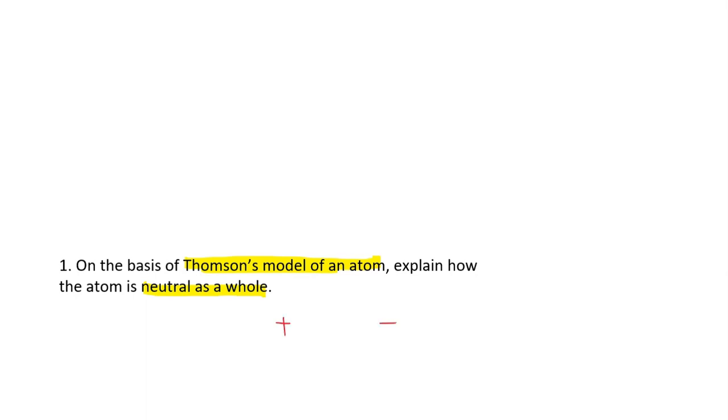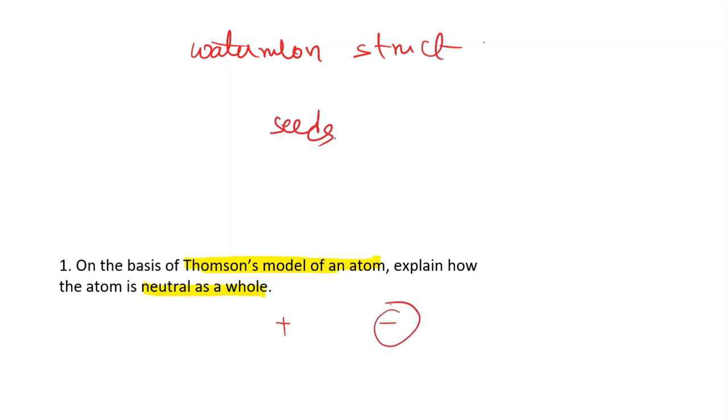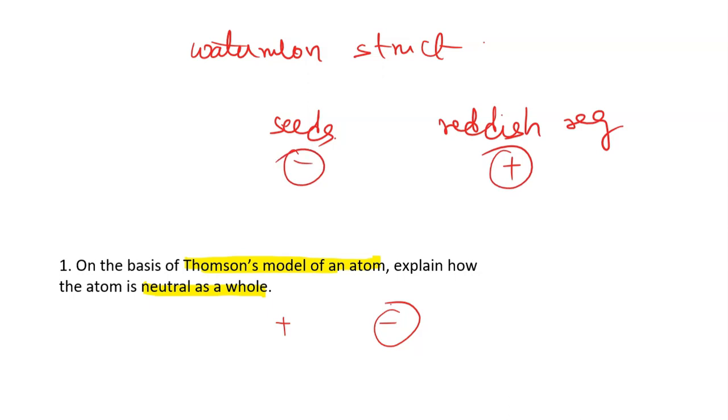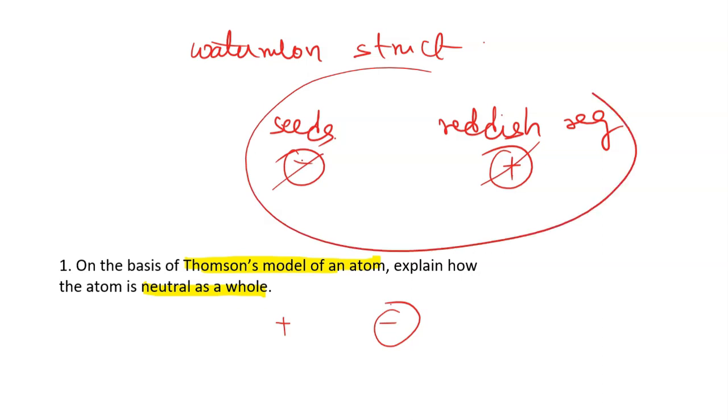Thomson said, consider the watermelon structure: negative charge is represented by all the seeds, and it is balanced by the positive charge, which is represented by the region other than the seeds, that means the reddish region. So overall, negatives and positives nullify the effect and the atom as a whole is electrically neutral.